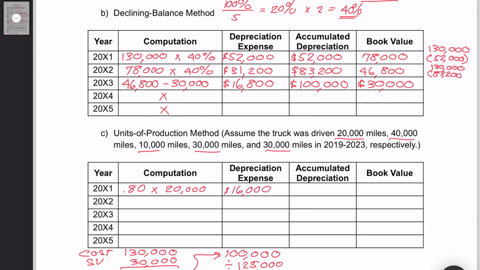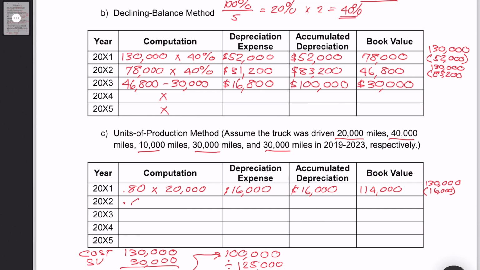Just like before, the first year that we're recognizing it, we have no prior accumulated depreciation. So we only have the total amount we're recognizing this year. In our book value, we're going to take our 130,000 historical cost, subtract out the accumulated depreciation of 16,000, and we end up with a book value of $114,000 at the end of year 1.